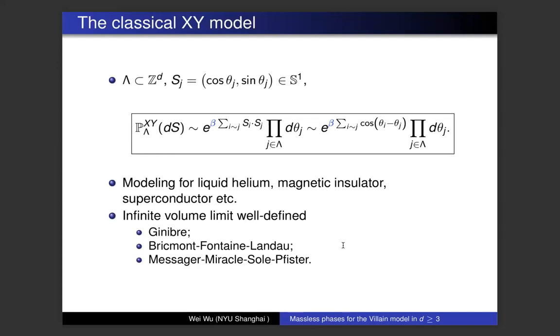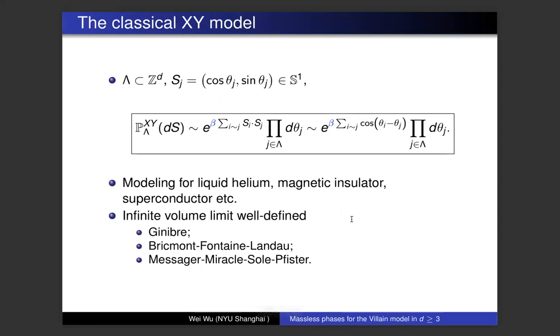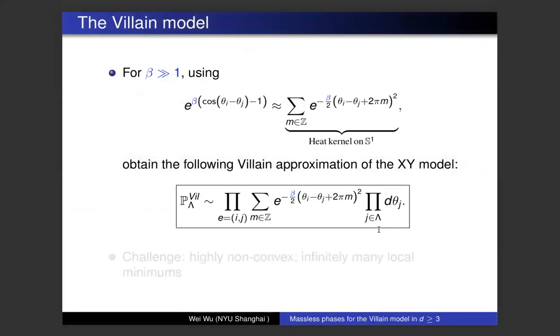So now the XY model, of course, is a very classical model, but it has this e to the cosine of the angles. So maybe it's not such a natural function if you first want to prove something on it. So this motivates the physicist Villain to introduce the following approximation.